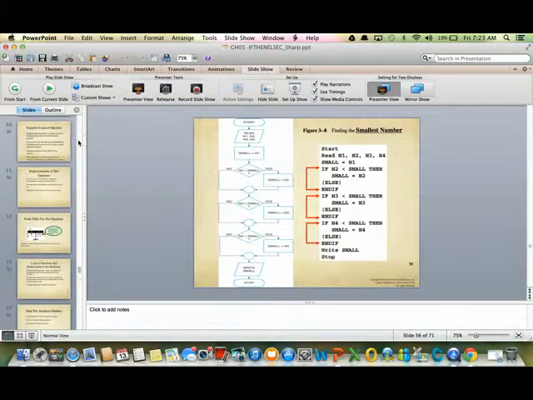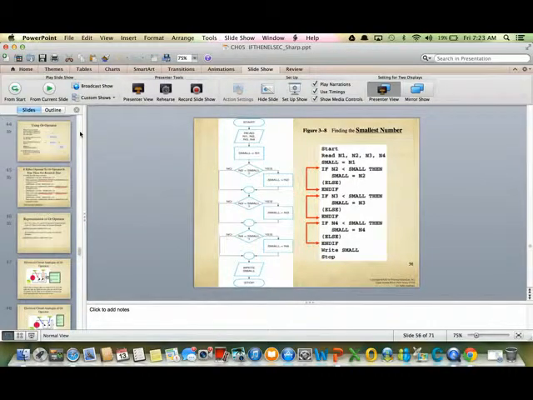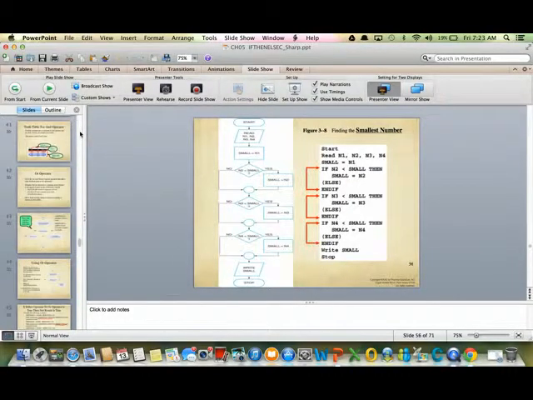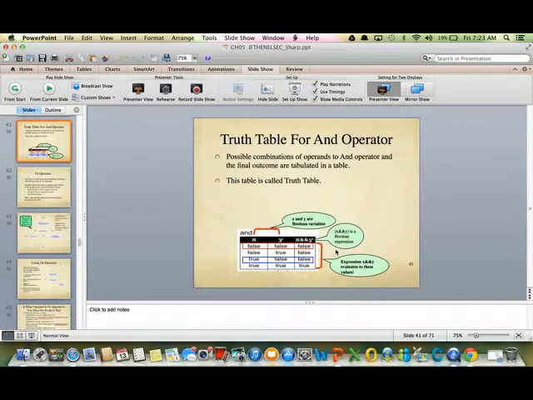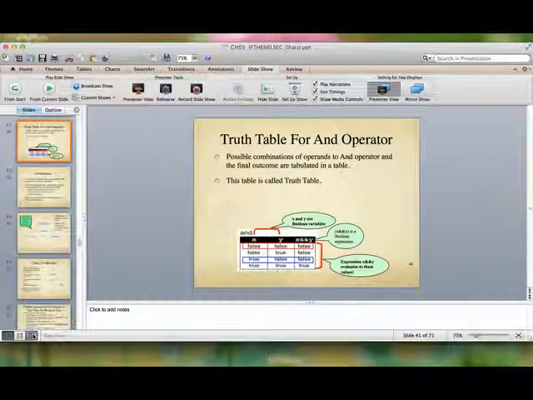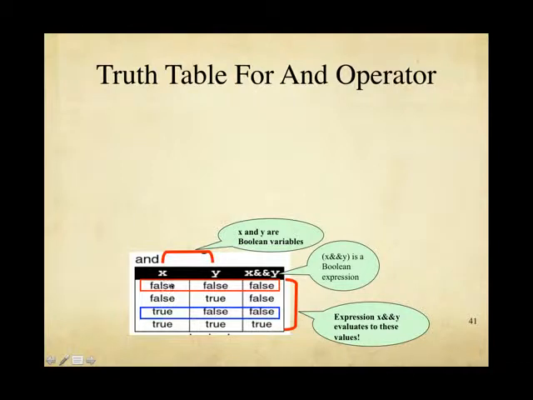So really, the crux of this talk is these three truth tables. This one is for the AND operator. The AND operator works in this manner, that when both inputs are true, we get true, and otherwise when one of the inputs or both inputs are false, we get a false.